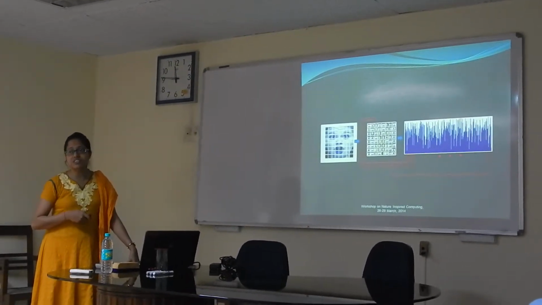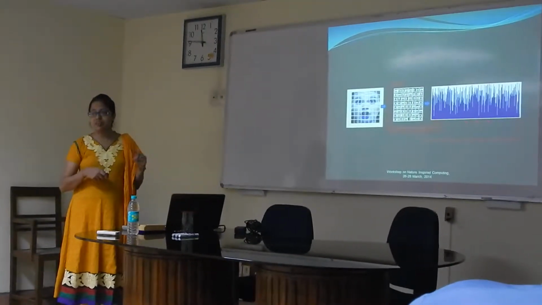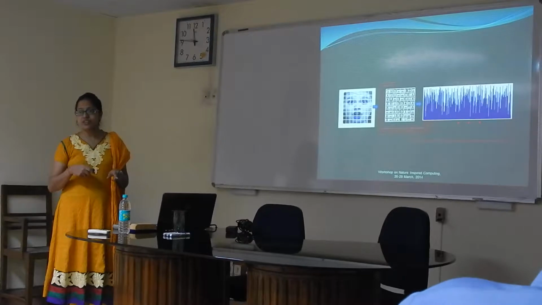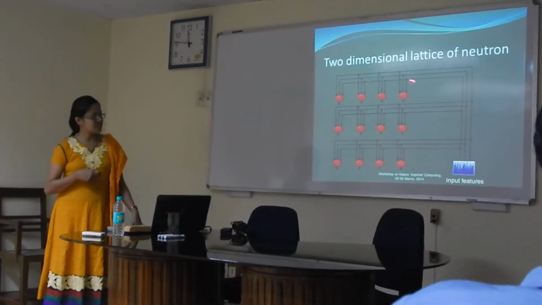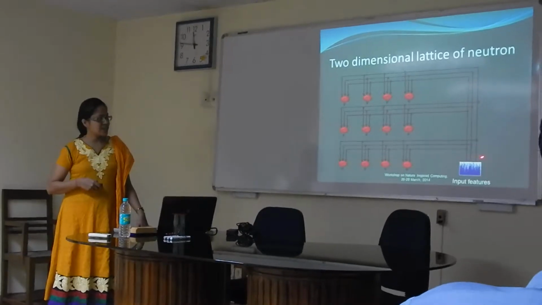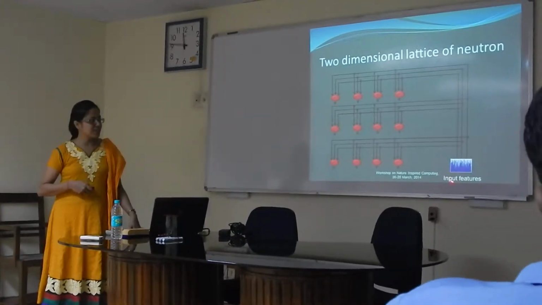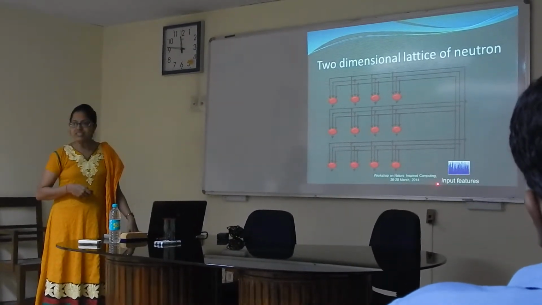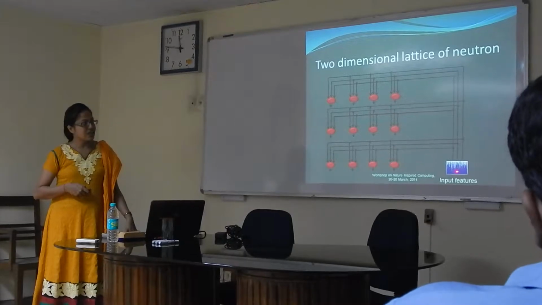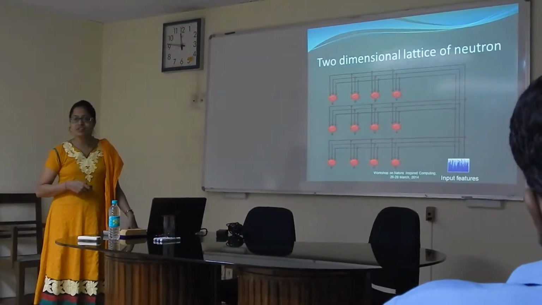So this is our feature vector that will go as input to the two-dimensional neural network that we were talking about. So this was the two-dimensional neural network. Here we had 3 inputs in the previous example, but if there are, say, n number of bins in this feature vector, then the number of inputs to this network will be n, not 3.